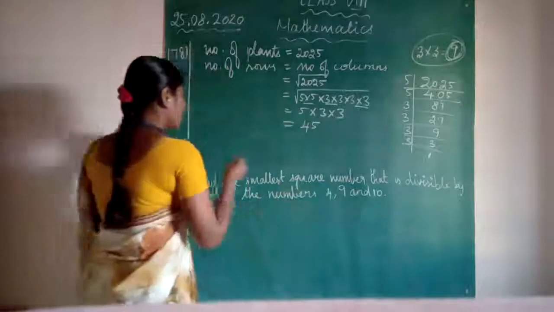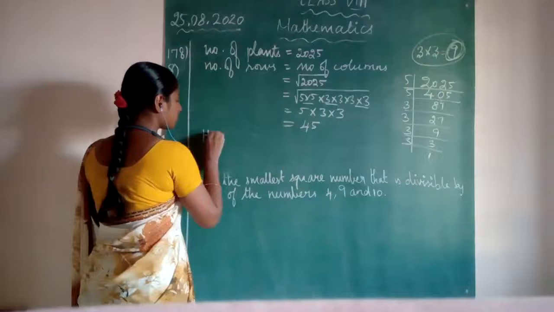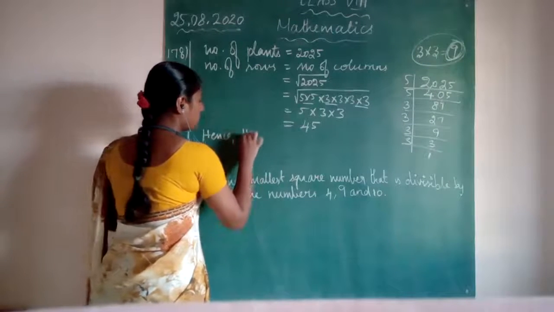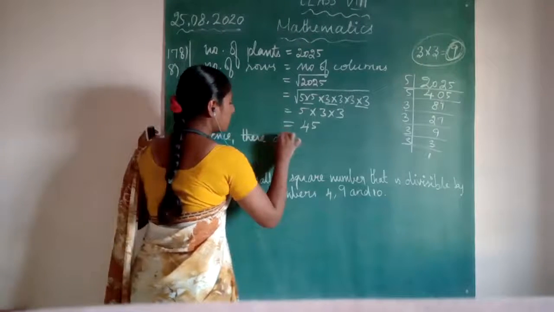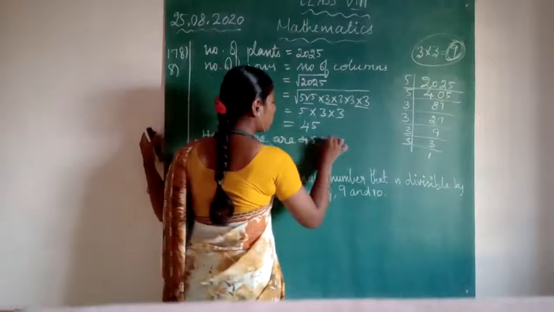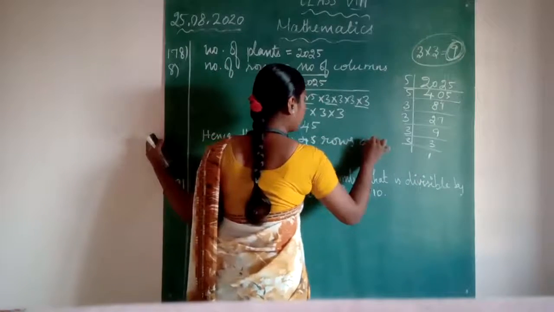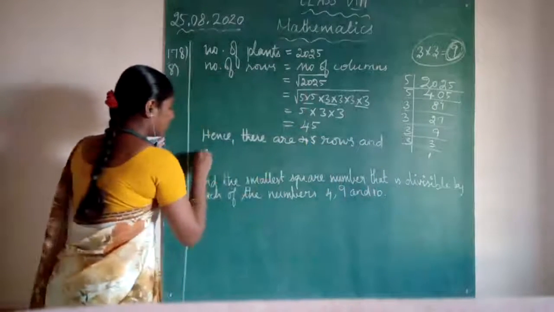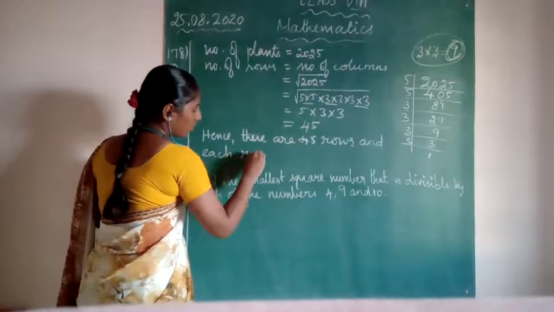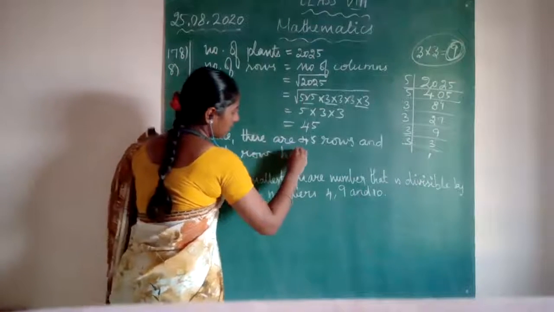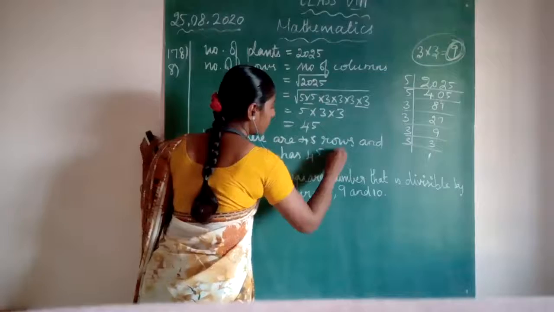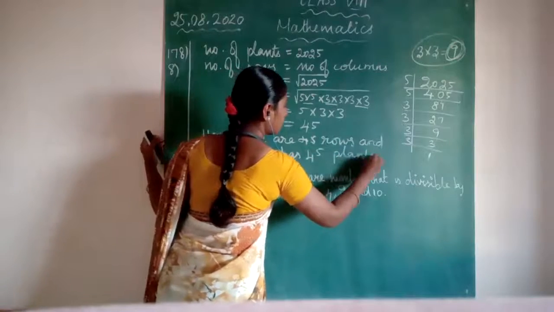So write: hence, there are 45 rows and each row has 45 plants. Clear?